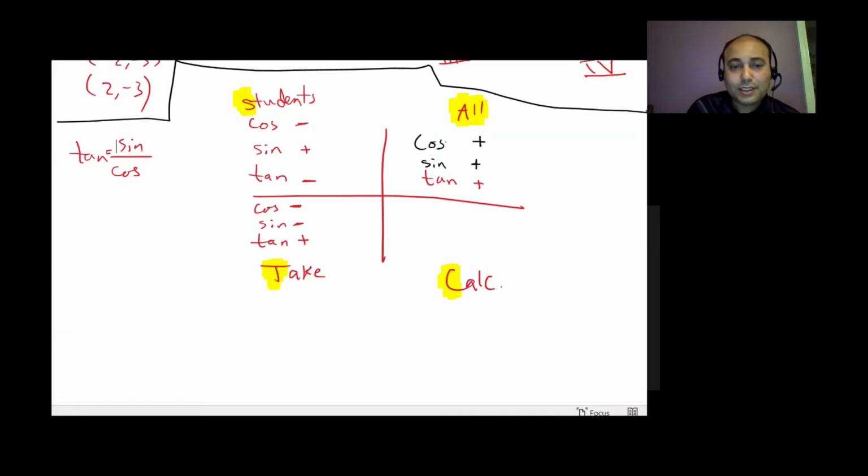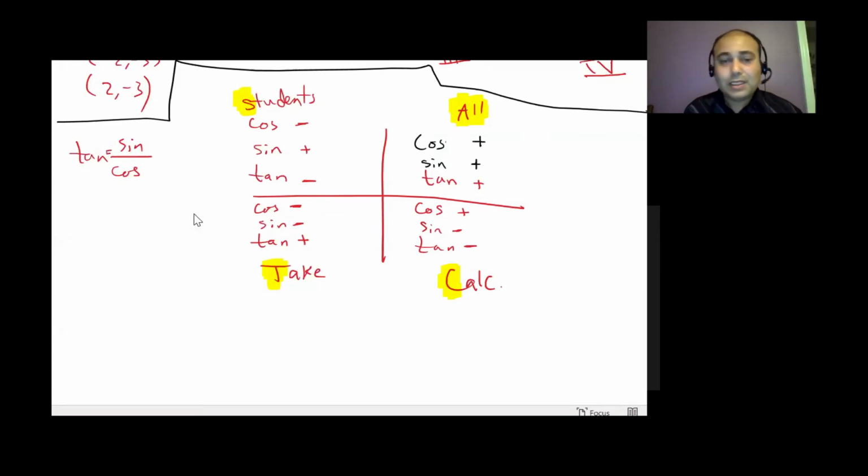The last one is the C, the cosine, which means the cosine is going to be positive, the sine will be negative, and the tangent will be sine divided by cosine, which is negative divided by positive, is going to be negative. You must remember this chart moving forward.